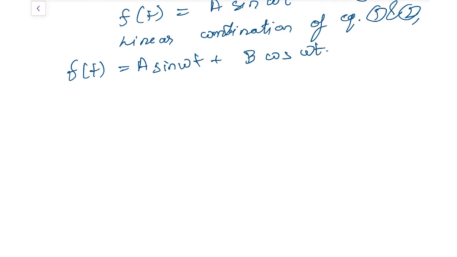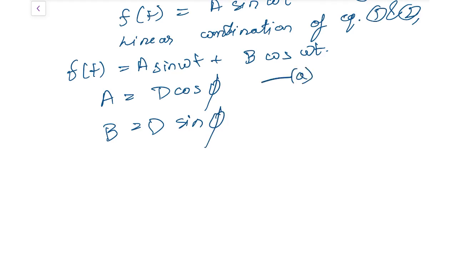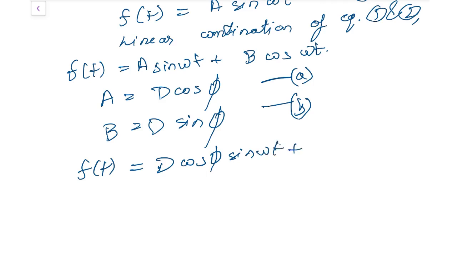Now, let me substitute a as d cos phi and b as d sin phi. Substituting this in the above equation, we get d cos phi sin omega t plus d sin phi cos omega t.